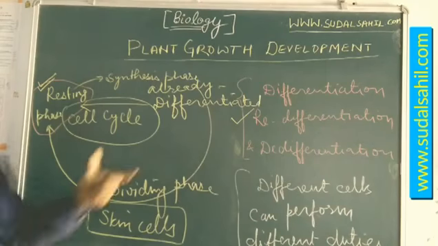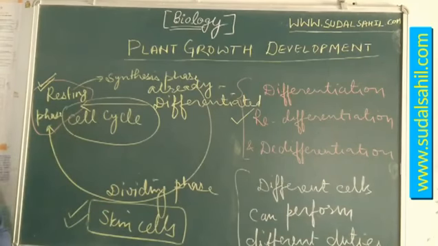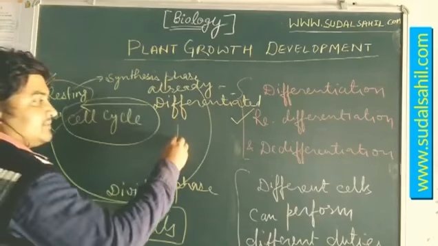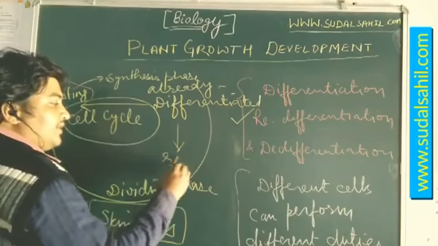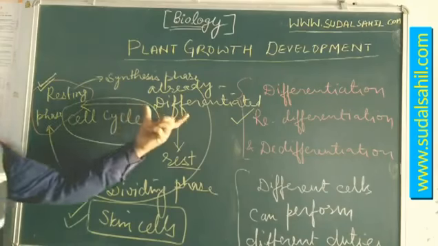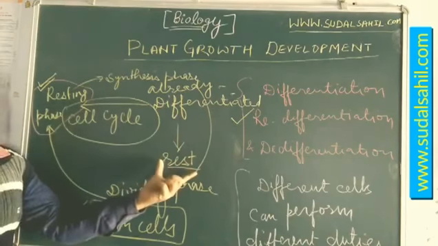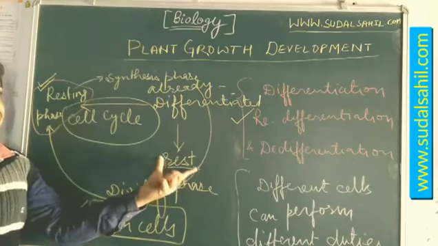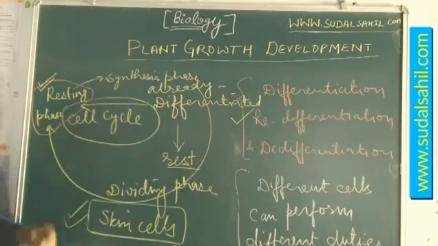Now they have to perform their duty. They have to attract insects and help in pollination, due to bright red color. These cells are also trapped in the resting phase. They are trapped in the resting phase after differentiation.